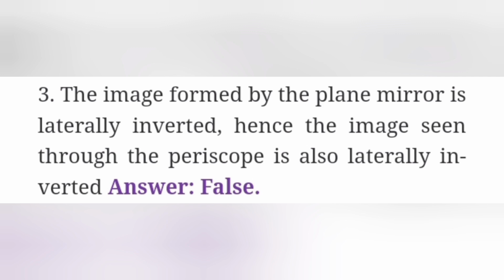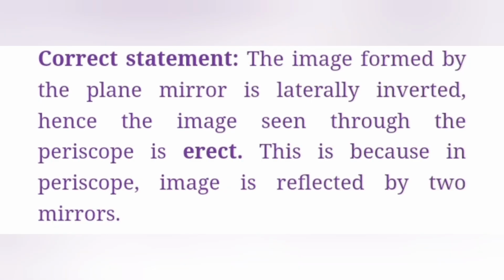Hence, the image seen through the periscope is also laterally inverted. The statement is false. The correct statement: the image formed by the plane mirror is laterally inverted, but the image seen through the periscope is erect. This is because in a periscope, the image is reflected by two mirrors.